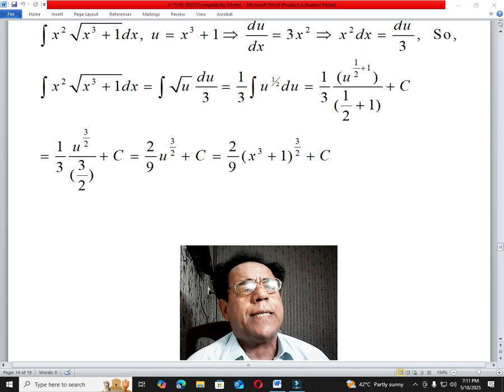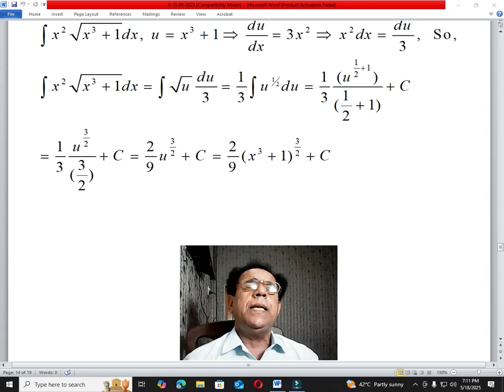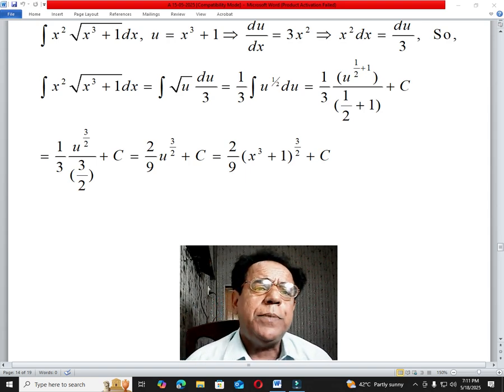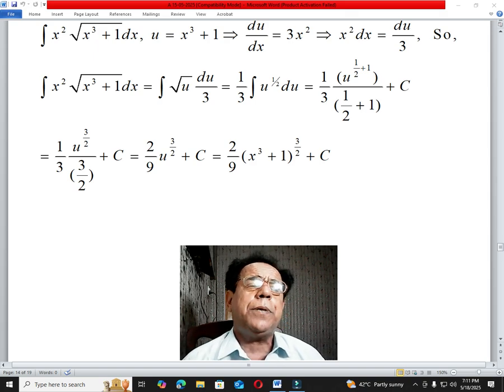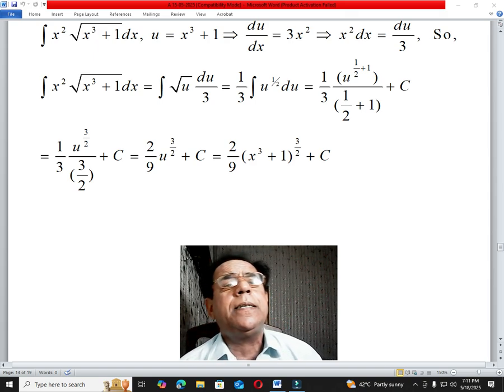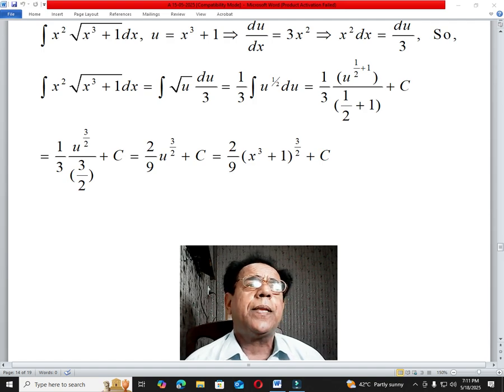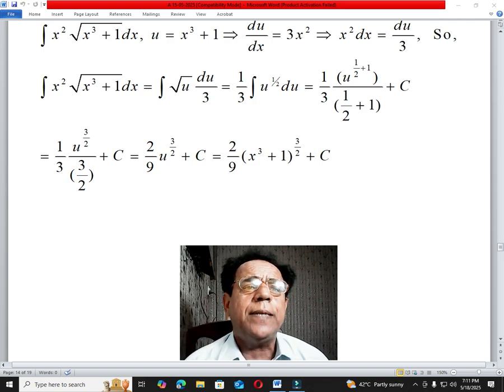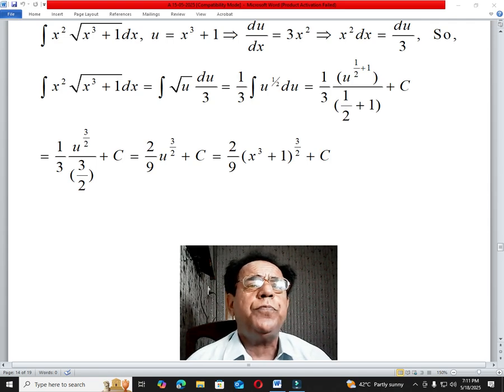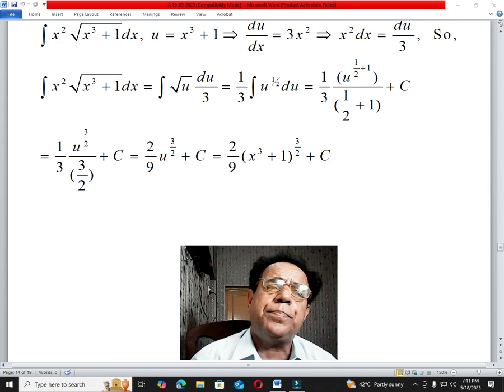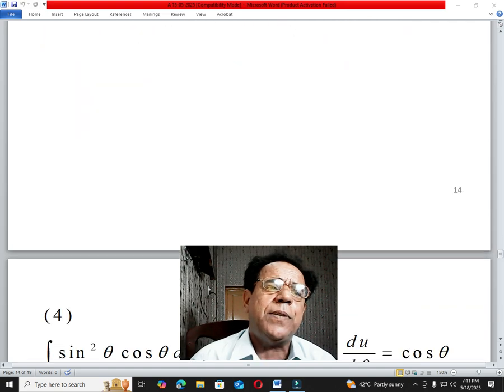So in the next step we will get 2 by 9 u raised to power 3 by 2 plus c. To this extent our problem is solved, but the only step remaining is that here we will resubstitute u by x cube plus 1. In place of u we have written x cube plus 1. The remaining answer is the same as in the previous step.